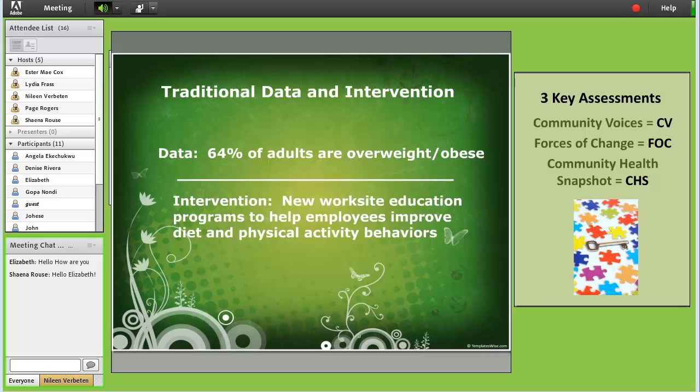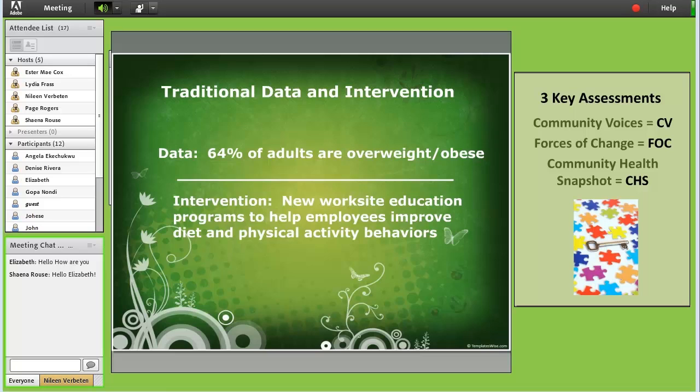So a very common intervention that might be considered would be to target employees in a worksite situation so that they may become better informed and skilled at improving their diet and physical activity. So this particular type of intervention would be supported by CDC, and there's certainly ones that are cited as being evidence-based.